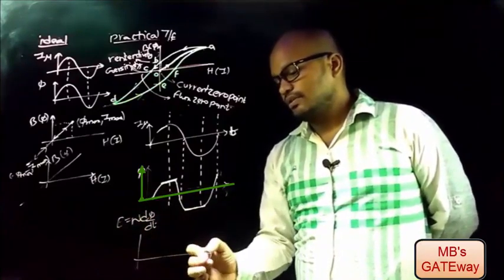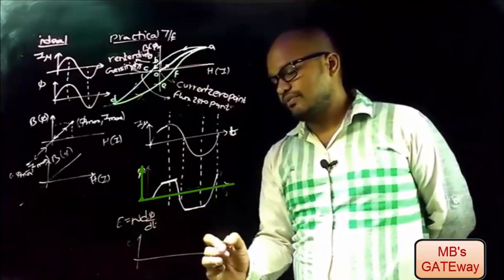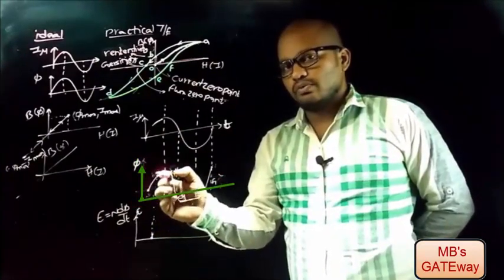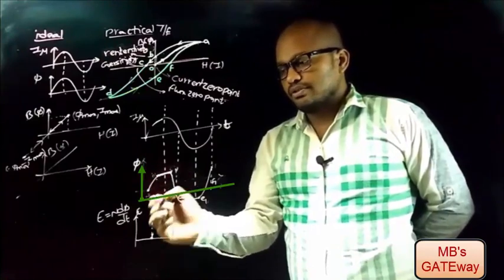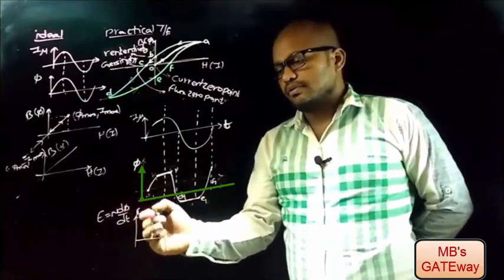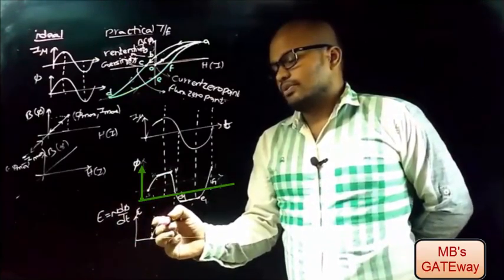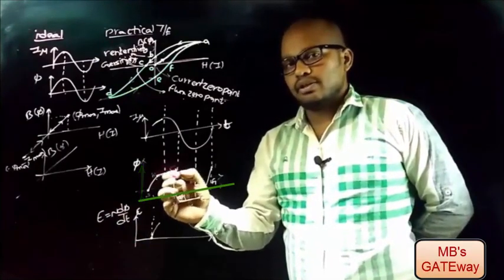Let's trace out the induced EMF waveform. That implies that when flux increases from A1 to B1, so this is of sinusoidal nature, therefore E is of cosine nature, it will follow the same, that is from here to here, and from B1 to C1 it is a constant signal.